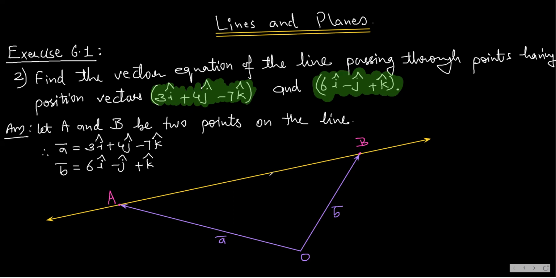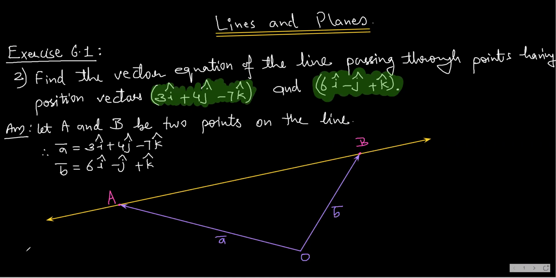The parallel vector role is being played by AB bar. This AB bar would help us get the direction of the line. What vector b bar was doing for us in the earlier theory is now being done by AB bar. So I will find out AB bar.